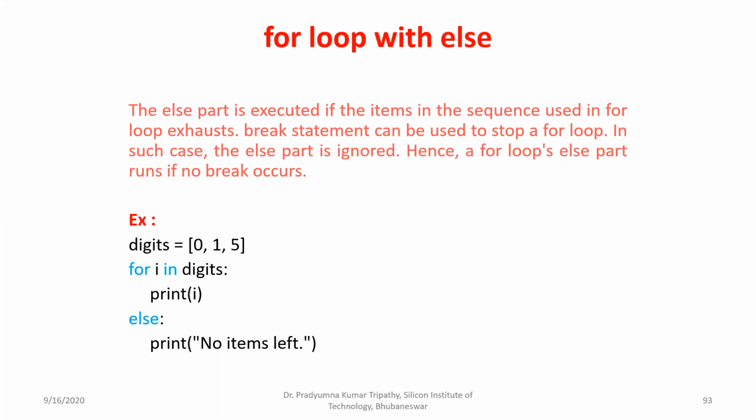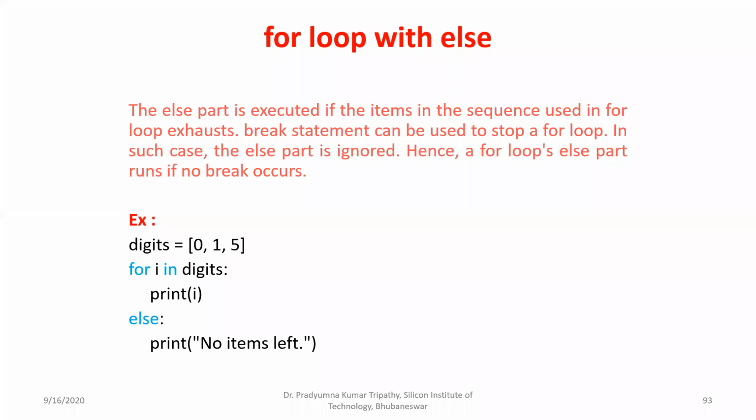The break statement can be used to stop a for loop. In such a case, the else part is ignored. So this else is a part of the for loop. This else is not for if. There is no if over here. This is the else for the for loop. So if a break statement is given, this else part will be ignored.